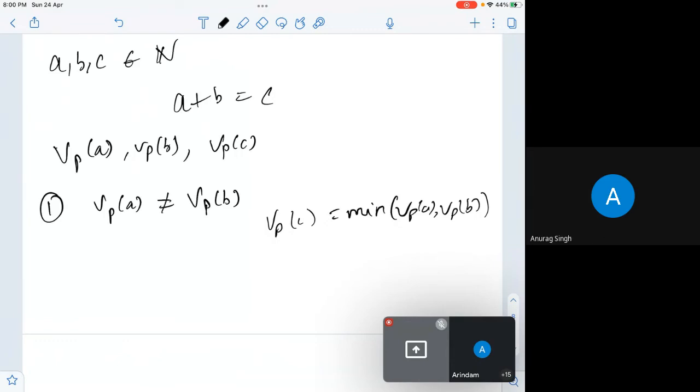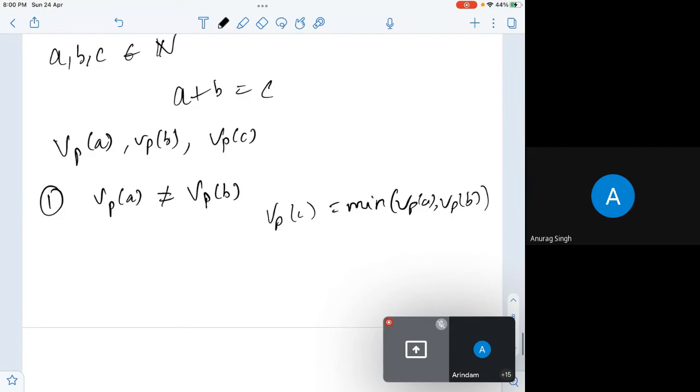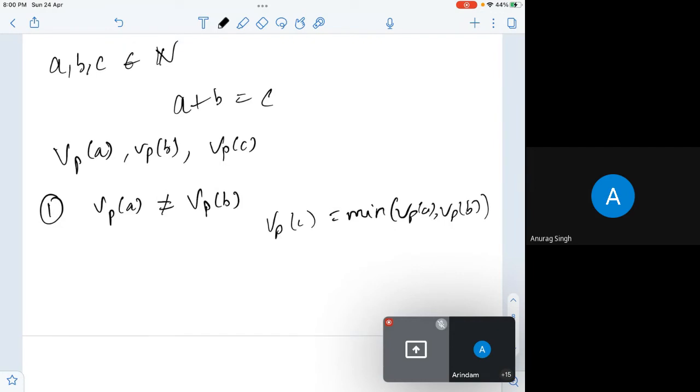Just consider B to be P to the power K into some N1 and A to be P to the power of some D into N2. Then we can consider that K is smaller than D and add these things up. So we get that C is a multiple of P to the power of K. And the latter thing will not be divisible by any higher power of P.